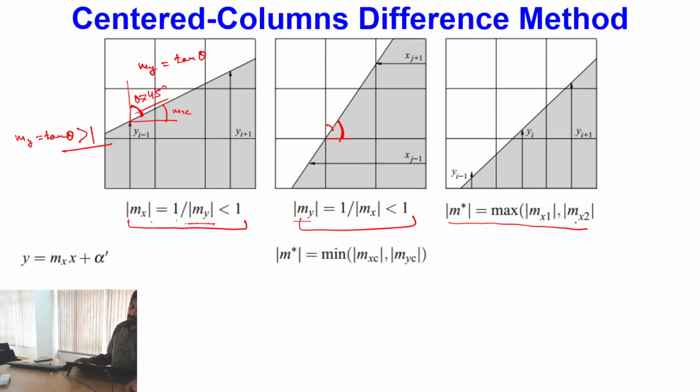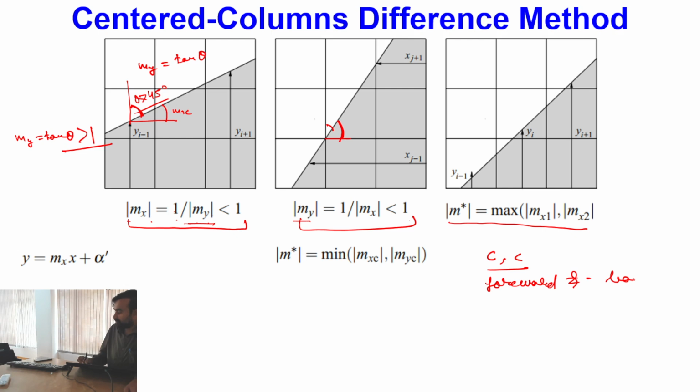Okay, so typically what is done, because the centered column difference method gives issues when dealing with lines intersecting the adjacent sides, is that slopes are not only calculated at the center, but also in the forward and backward directions.